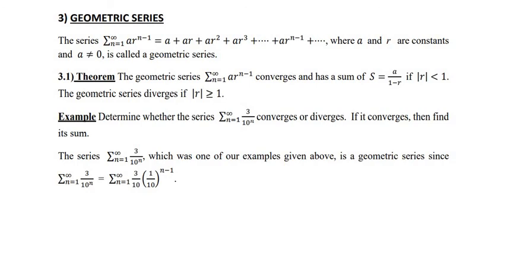The series is sigma n equal to 1 to infinity 3 by 10 raised to n. If we rewrite the term a little bit, we will get sigma n equal to 1 to infinity 3 by 10 times 1 by 10 raised to n minus 1. This is a geometric series with a equal to 3 by 10 and the common ratio r equal to 1 by 10.